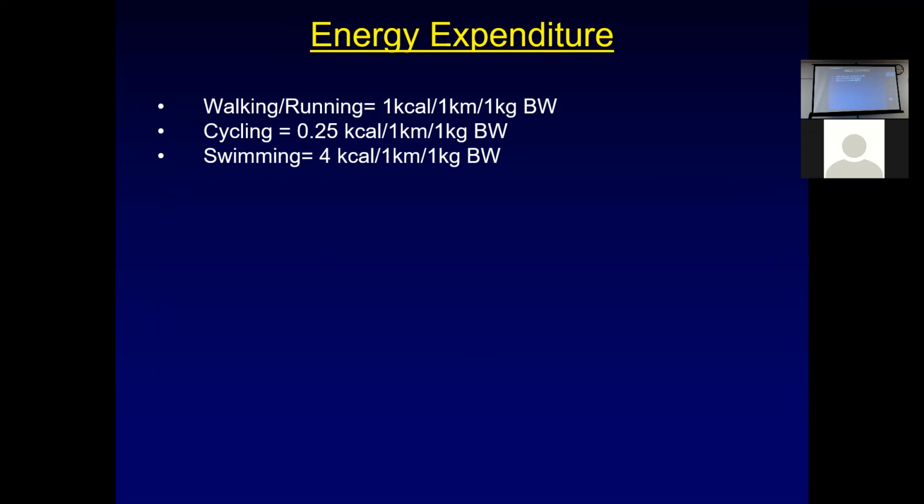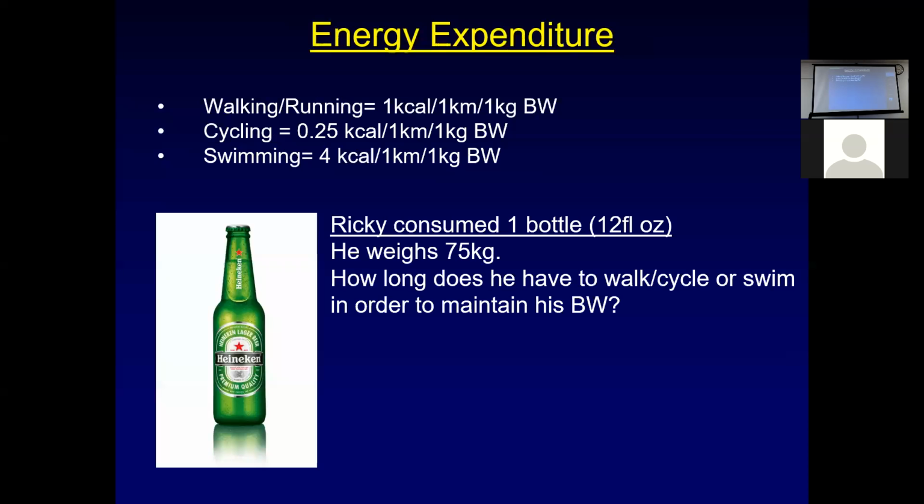Swimming burns more than all of it combined because it is both upper and lower body. Any of you that don't swim a lot, try to go swim a bunch, it sucks. You get tired really quickly trying to swim. It's a great workout, but it burns a lot of calories, which is why Michael Phelps needed to eat 15,000 calories a day when he was training for the Olympics.